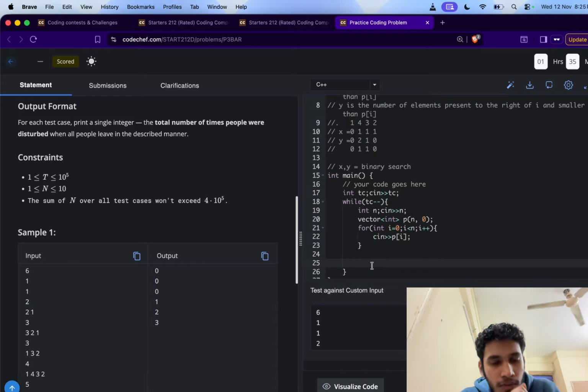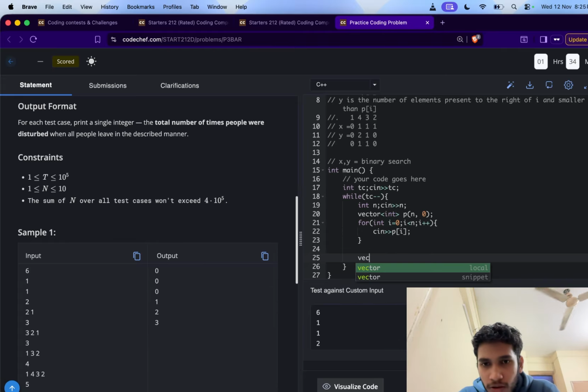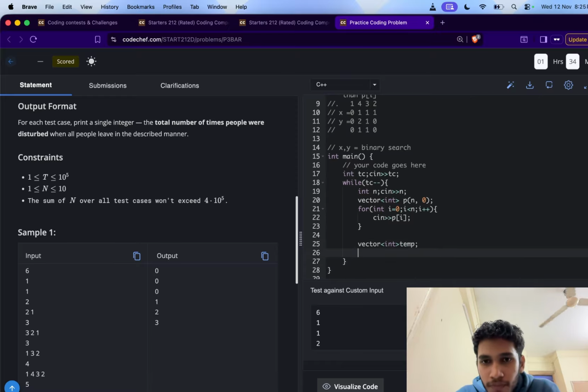Let's create a vector temp. What are we creating? Vectors x and y. What is the size of x? It's n.